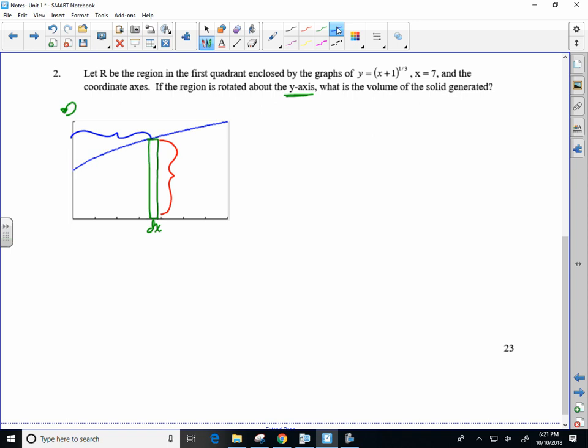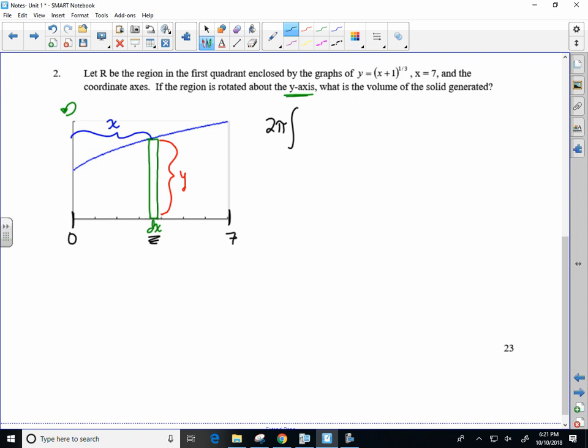The distance from the y-axis to any point in space is x. The distance from the x-axis to any point in space is y. So 2 pi over the interval of 0 to 7. The dx, that defines your interval. That tells you that you're living in the world of x.